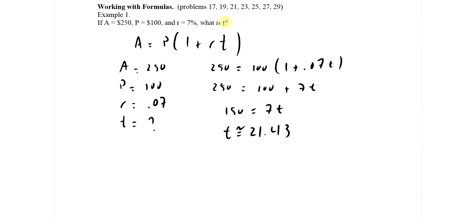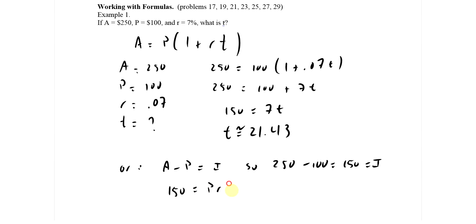You can also say, well, A minus P equals interest, so 250 minus 100 equals 150. That's the interest. And interest is P times R times T. So if 150 is the interest, it equals the principal times the rate times the time.